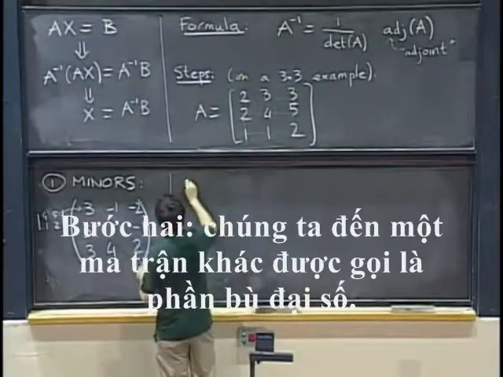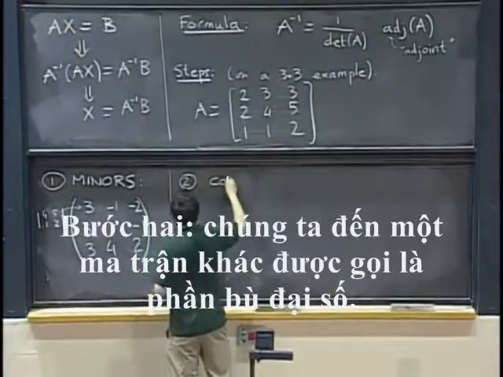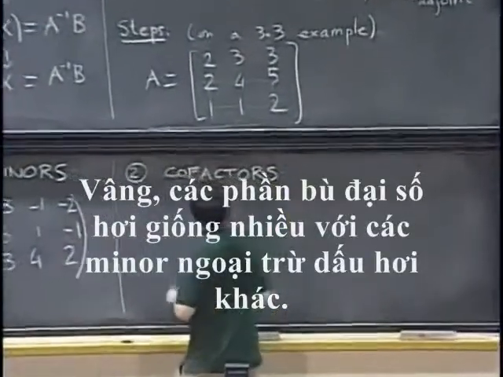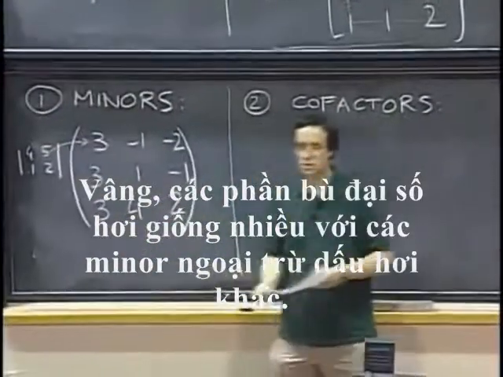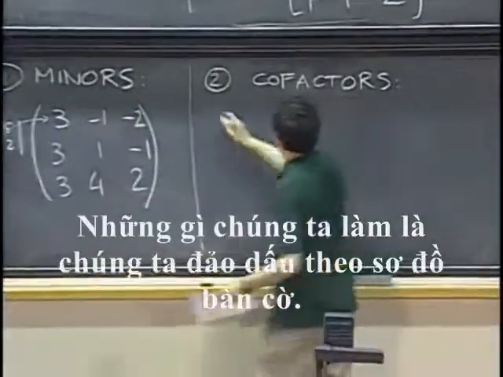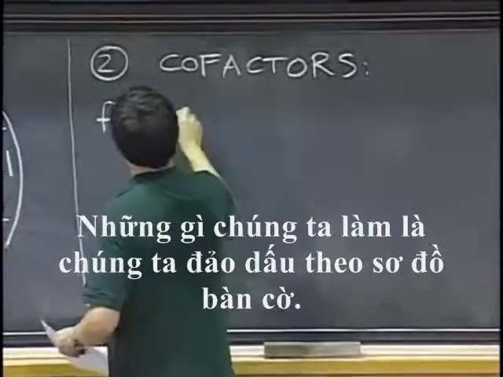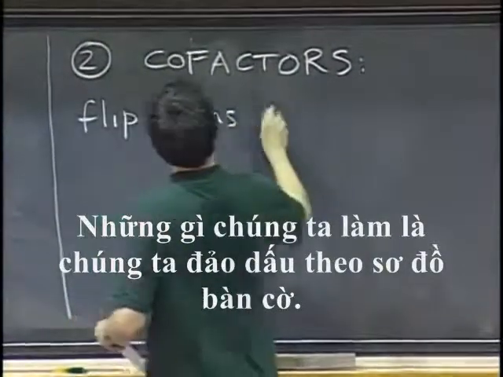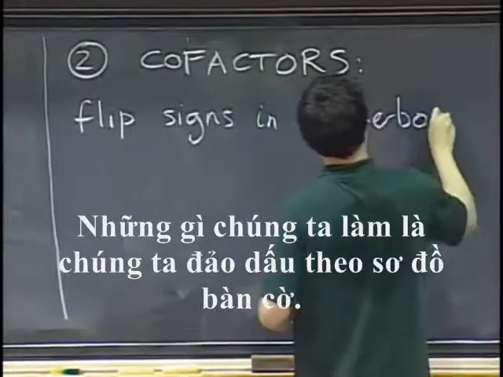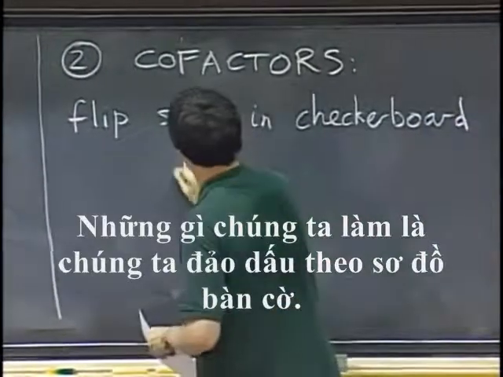Step 2, we go to another matrix that's called cofactors. The cofactors are pretty much the same thing as the minors, except the signs are slightly different. What we do is flip signs according to a checkerboard diagram.